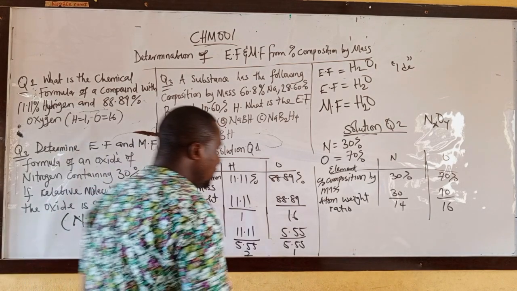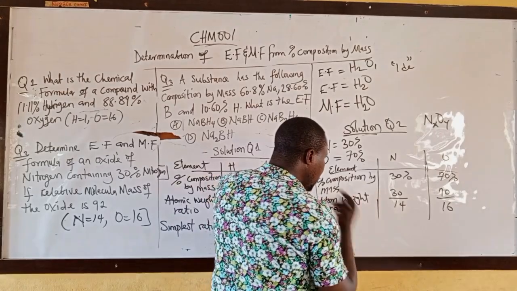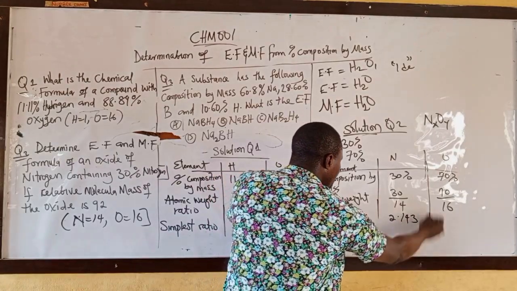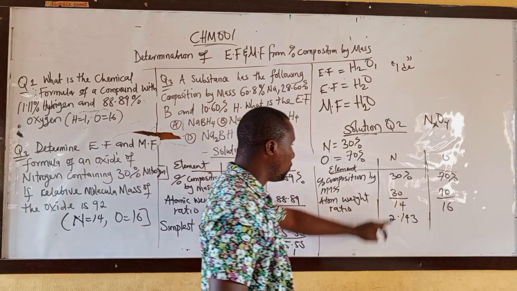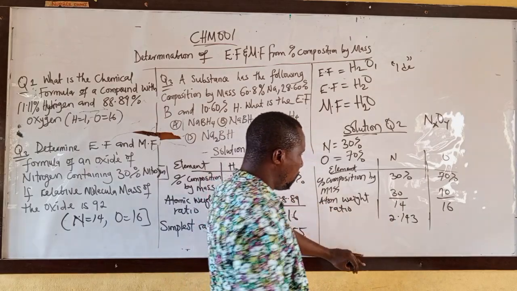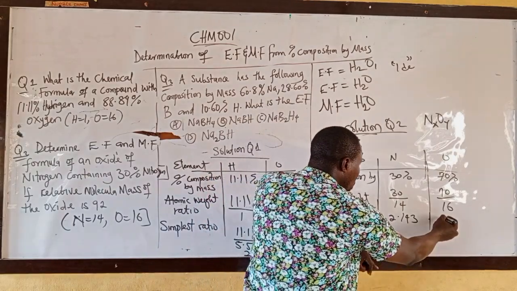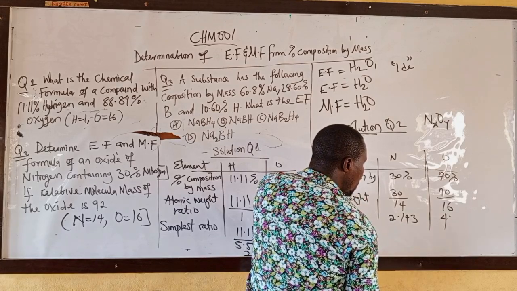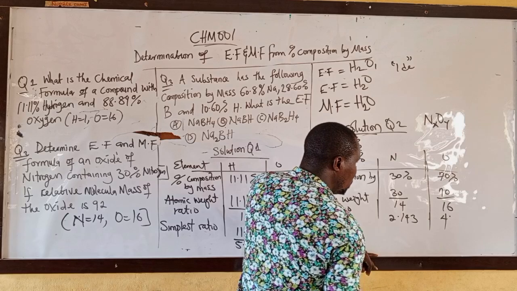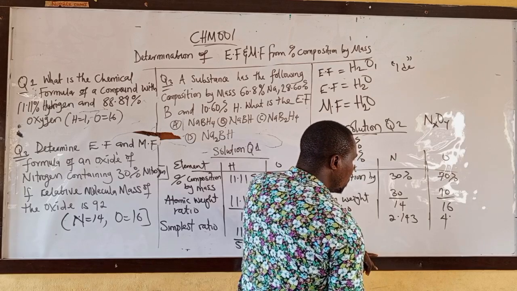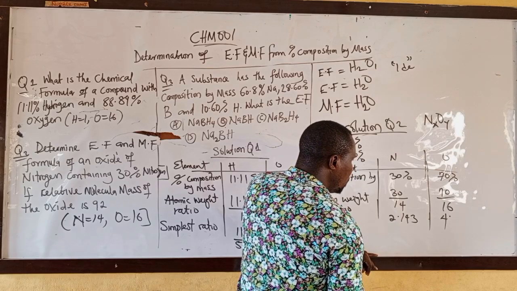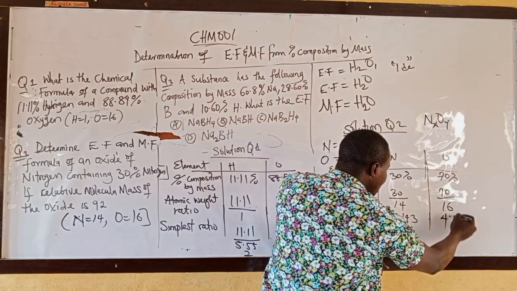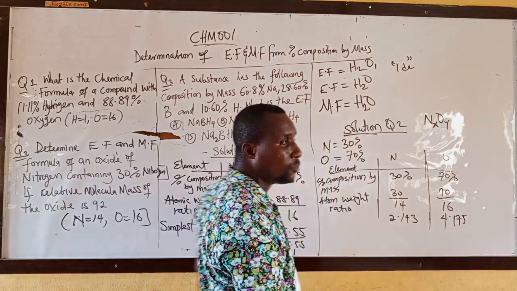For this one, 30 divided by 14 gives 2.143, and 70 divided by 16 gives about 4.375, something like that.